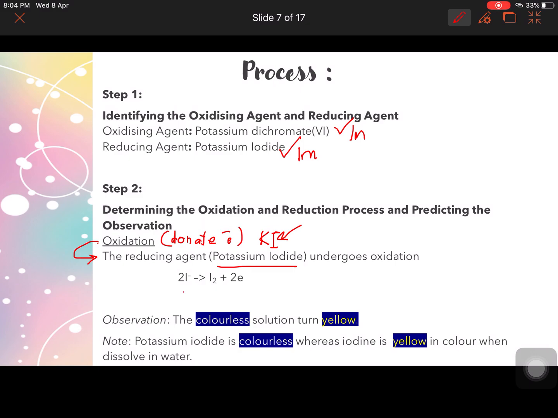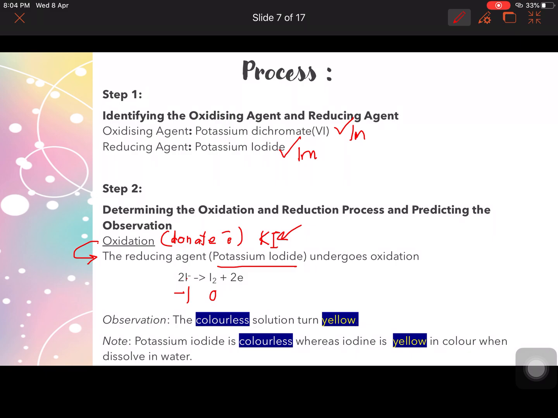It changes from -1 for the charge to 0, the elemental state. For potassium, the oxidation number does not change before and after, so potassium does not take part in the oxidation and reduction process. So proceed with iodide.